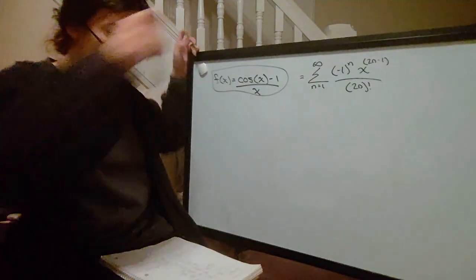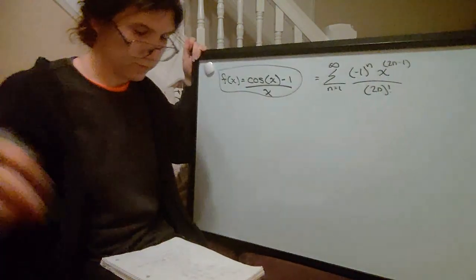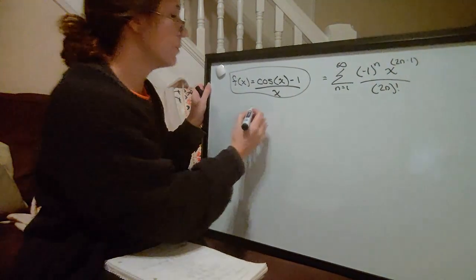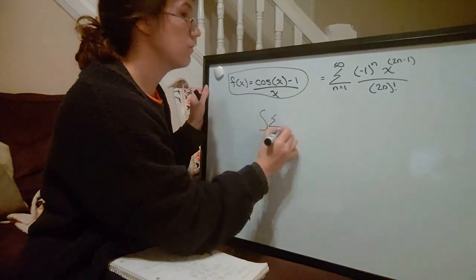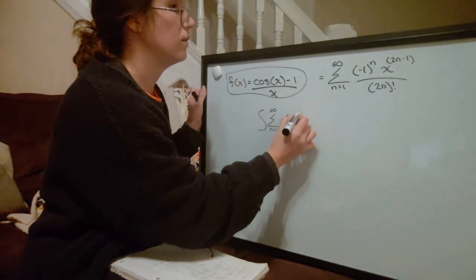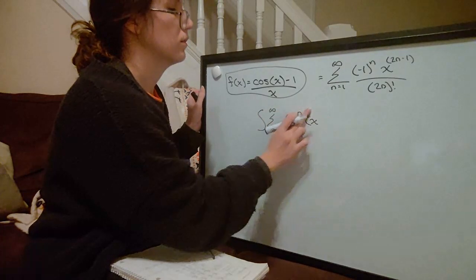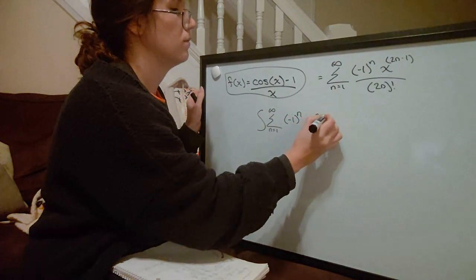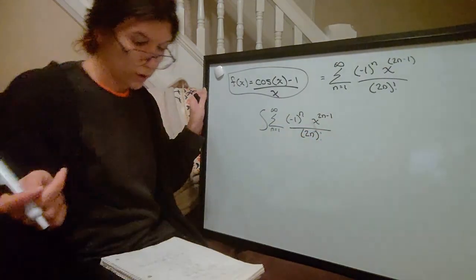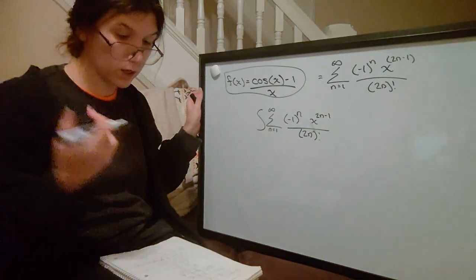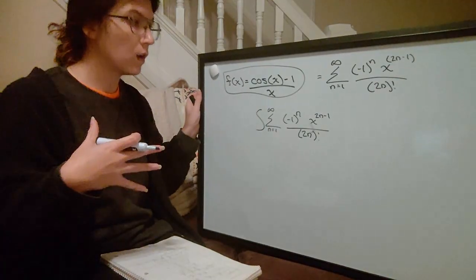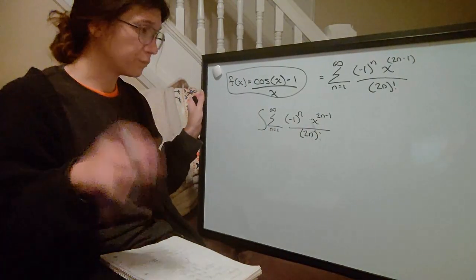All right, so now we just need to integrate. I'm going to integrate my sum, n equals 1 to infinity, negative 1 to the n, x to the 2n minus 1 over 2n factorial. Here it definitely helps to understand what part of this is a constant, because again, we can pull out constants whenever we are integrating.